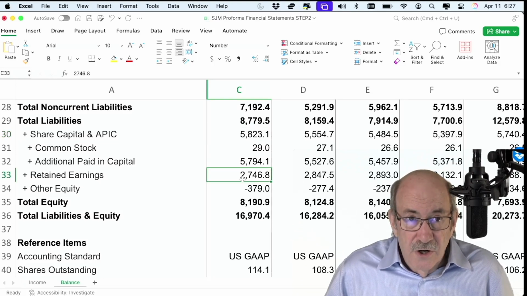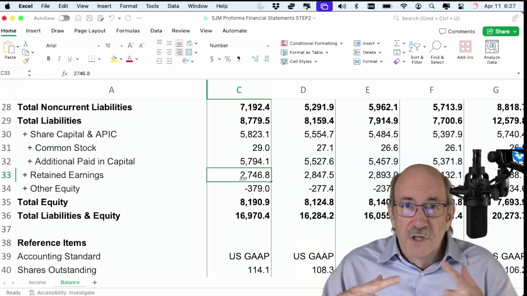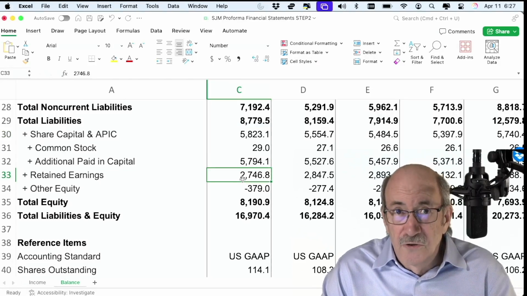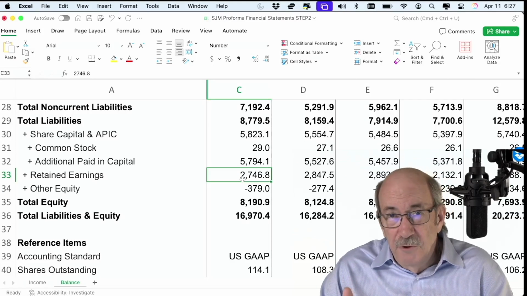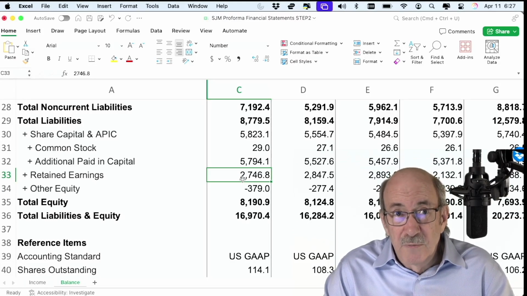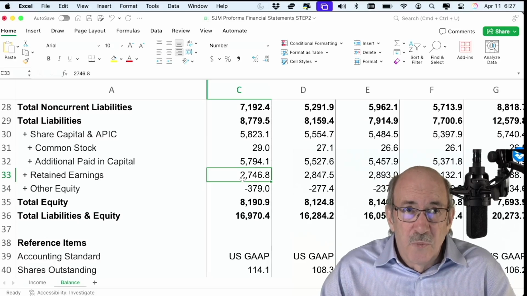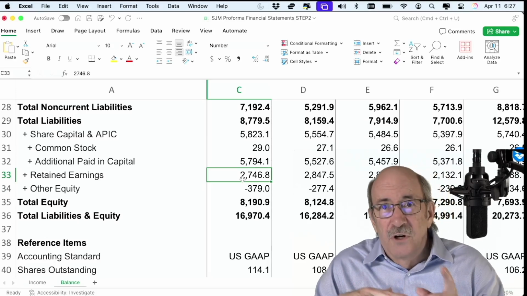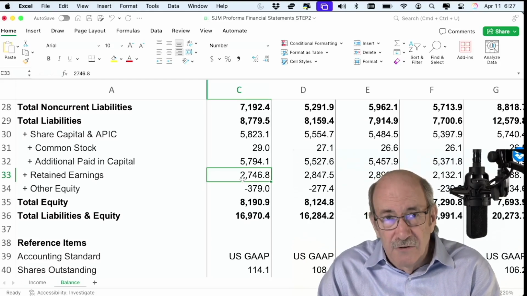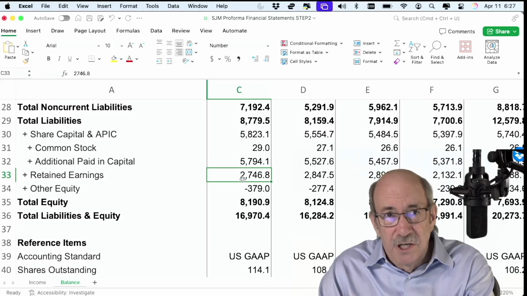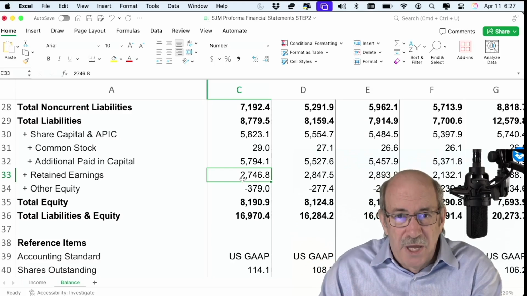Then retained earnings is the accumulated retained earnings from all prior years. And so that's going to be something we'll have to deal with in our pro formas, because each year we close out the books, we need to transfer whatever is left over, what doesn't get paid out as dividends. We need to transfer that over here from the income statement over to the balance sheet.